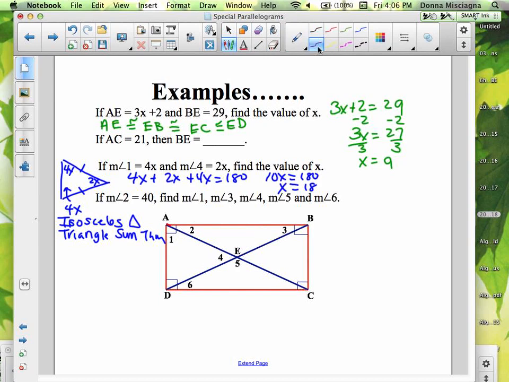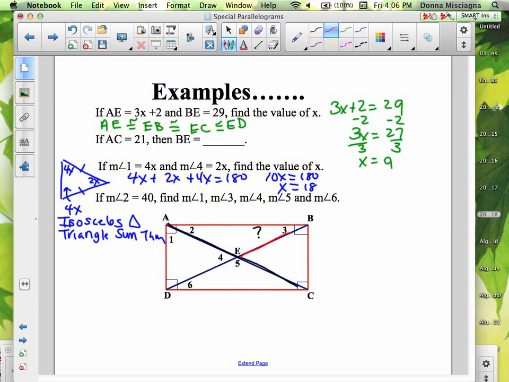I'm running out of colors. This time AC, that looks like black to me. Maybe it just doesn't like to change colors when I record. All right, so AC there is equal to 21. We want to find the measure of BE. And so BE is this part right here, just that part right there.